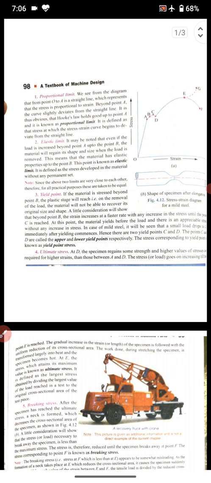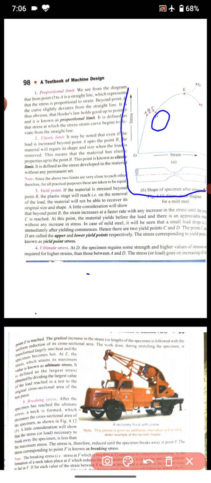The gradual increase in the strain of the specimen is followed with the uniform reduction of its cross section area. You may see on the lower side of the stress strain curve, that is a dog bone type specimen.